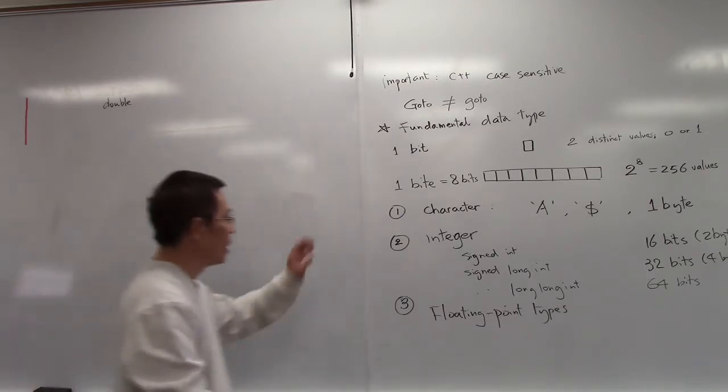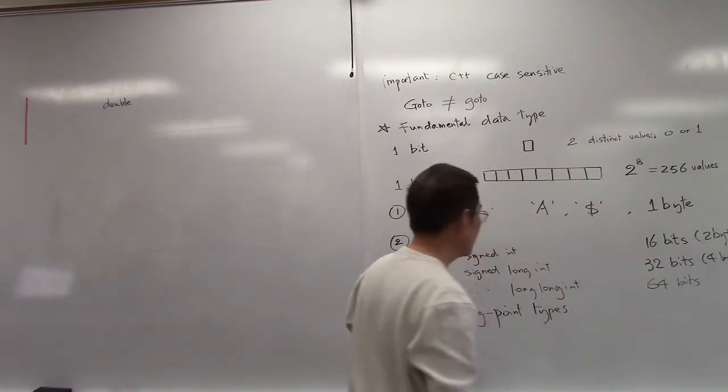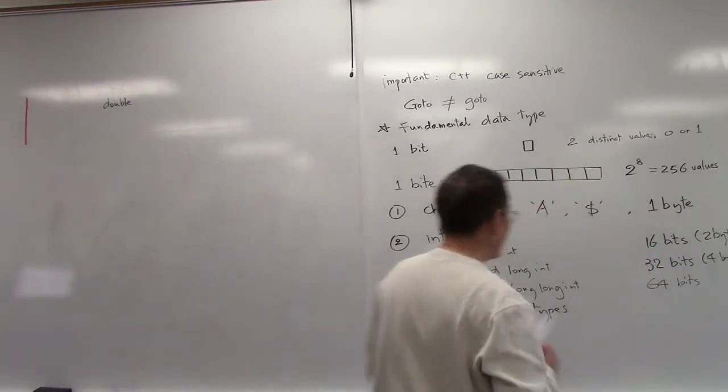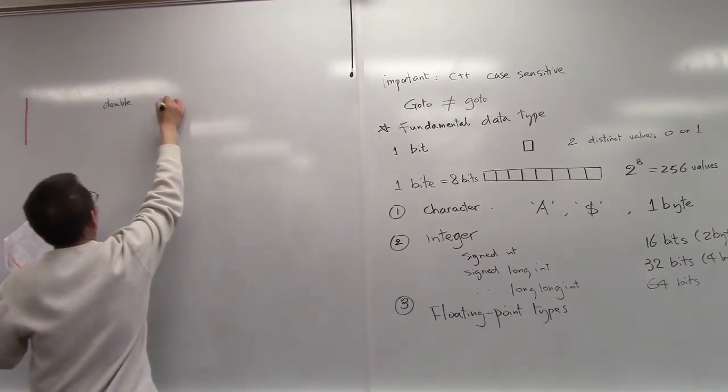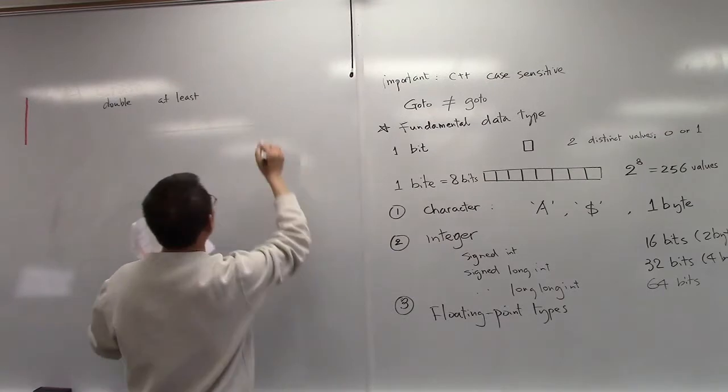Well, at least I know if integer uses 2 bytes, the float is at least double that, that is at least 4 bytes.